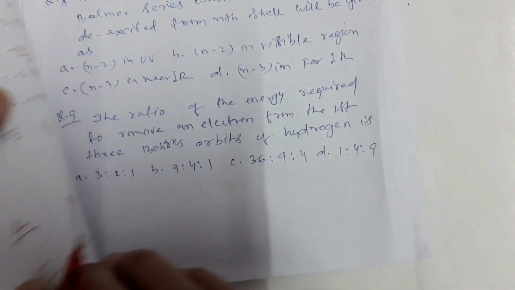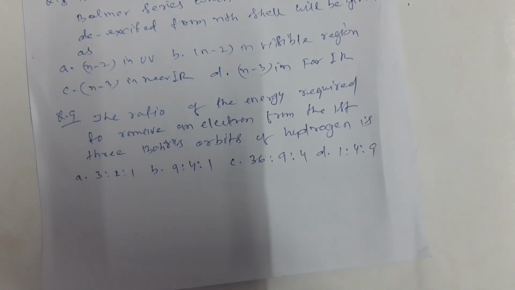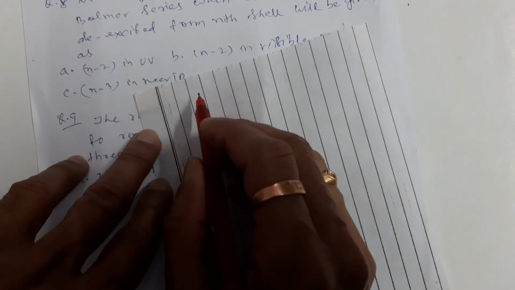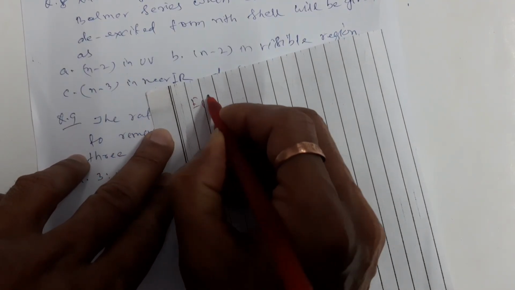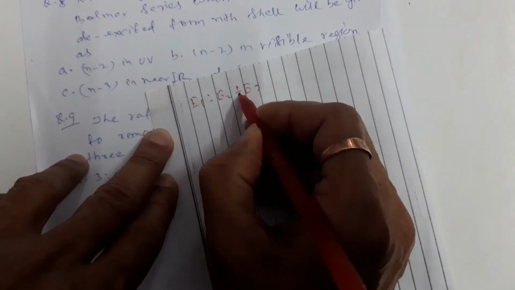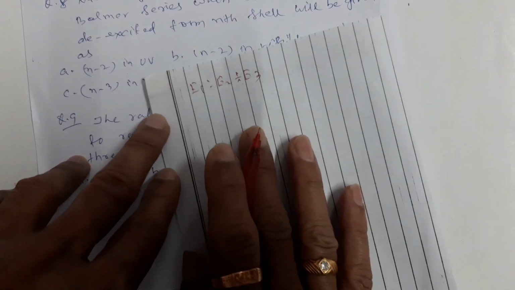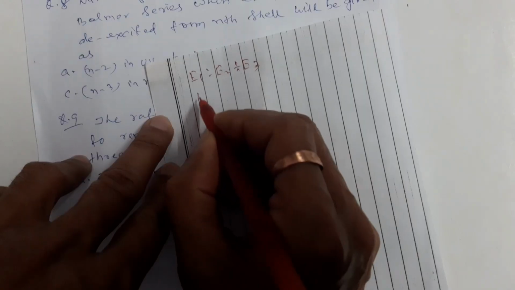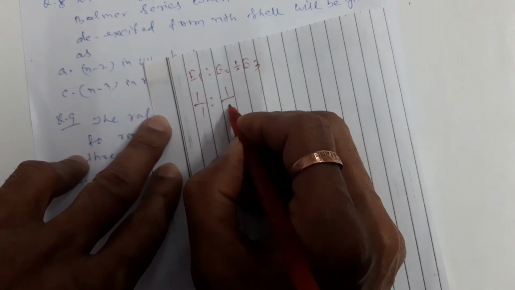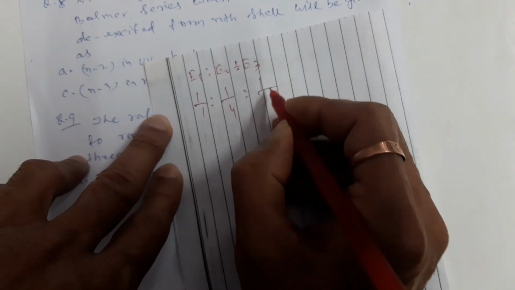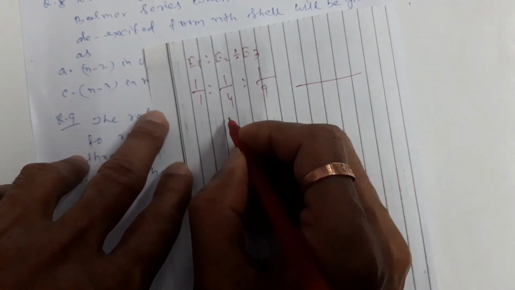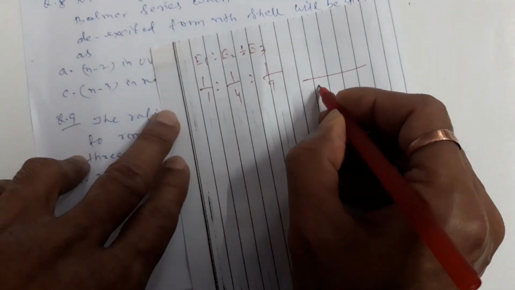Then the ratio E1 is to E2 is to E3 is 1 by 1 is to 1 by 4 is to 1 by 9. So the common LCM is what? LCM you will get 36.